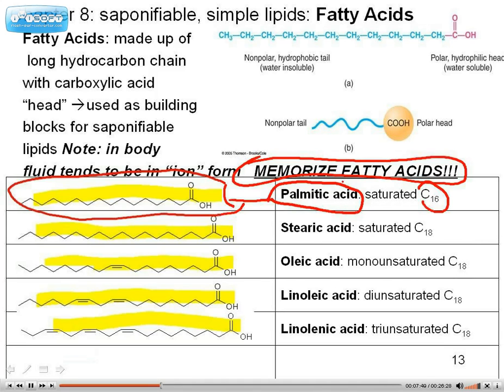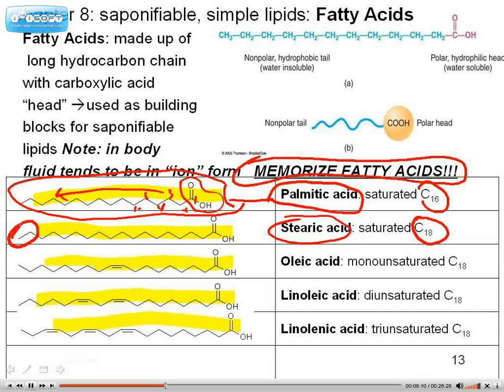Notice how it ends in an obvious carboxylic acid with a really long tail. So again, it's composed of 16 carbons. You can count them if you want to. That's palmitic acid. Go to stearic acid. It contains 18 carbons.